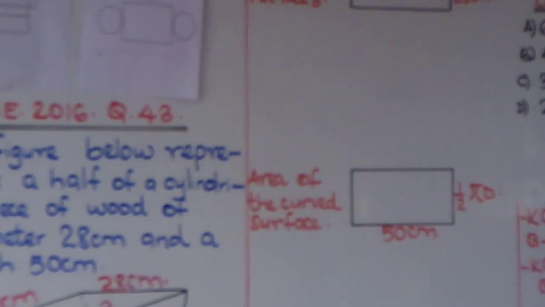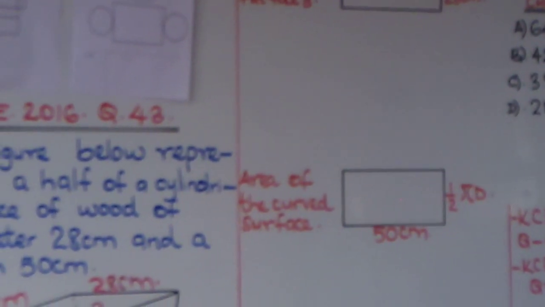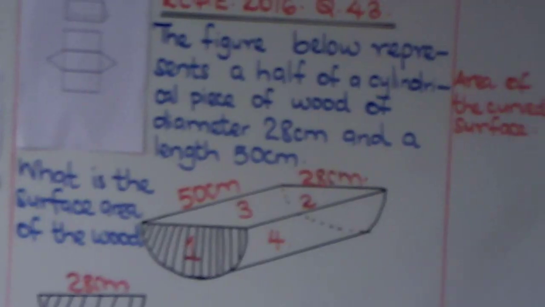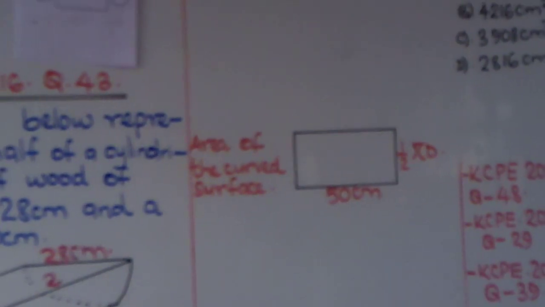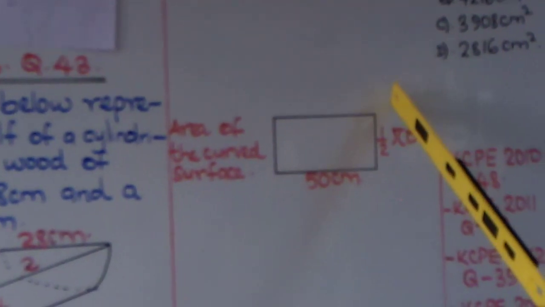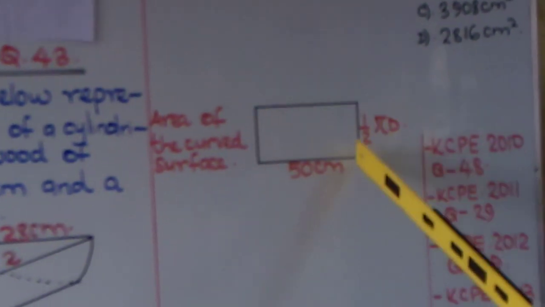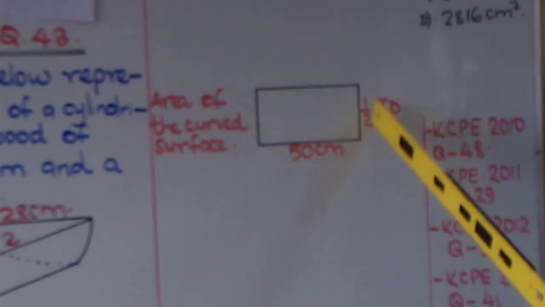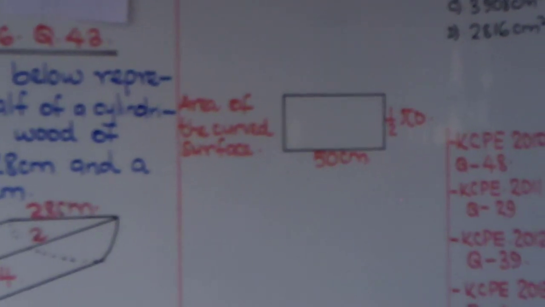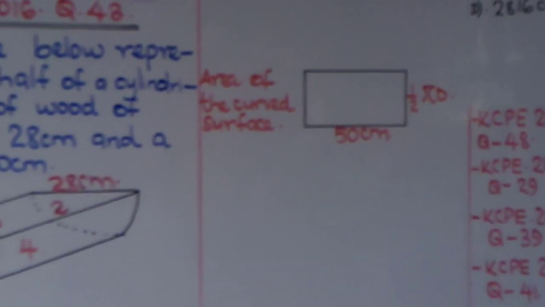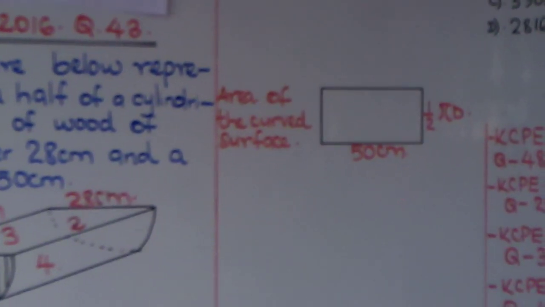That curved surface, number 4. One side is the height of the cylinder, and the other side is half of the circumference of the curved surface. Then after which we will add the areas together and get the answer.